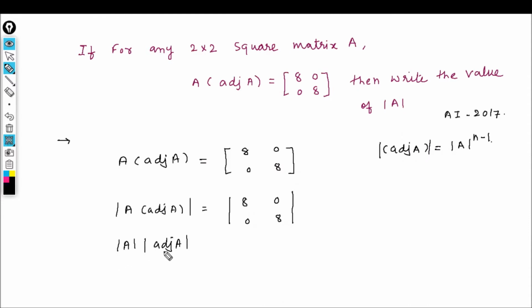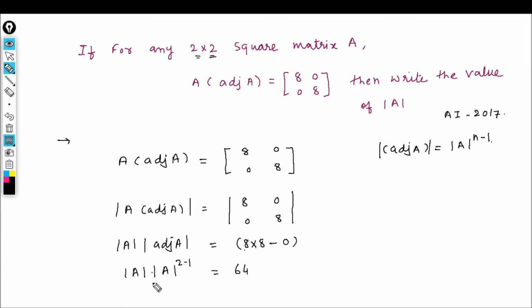So see here बच्चों, the right side is 8 into 8 minus 0, that is 64. ठीक है. So determinant of A into determinant of A raised to n minus 1, what is the order of this matrix? This is a square matrix of order 2. So 2 minus 1 is equal to 64 आएगा.